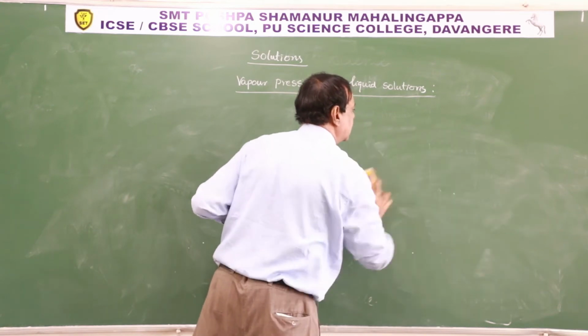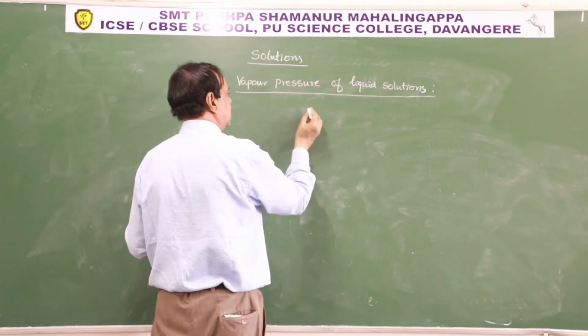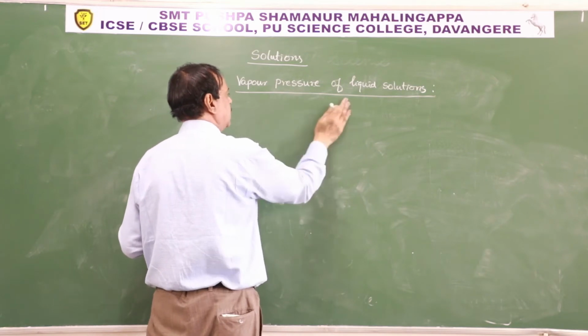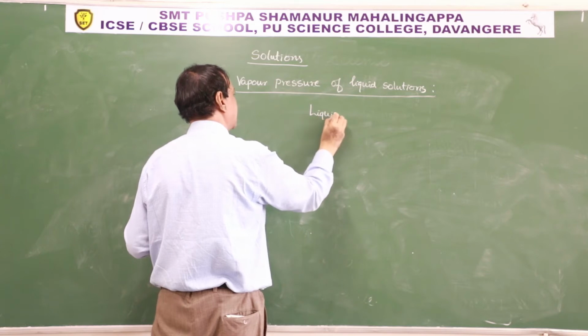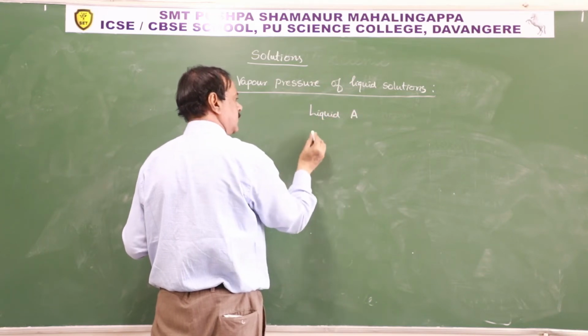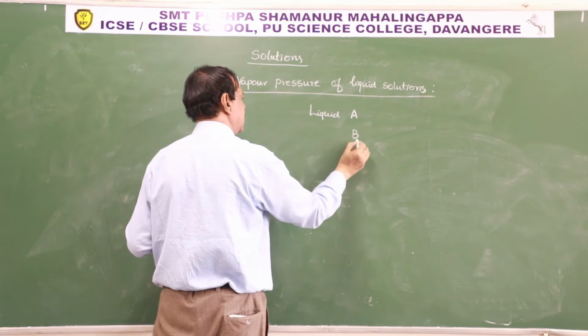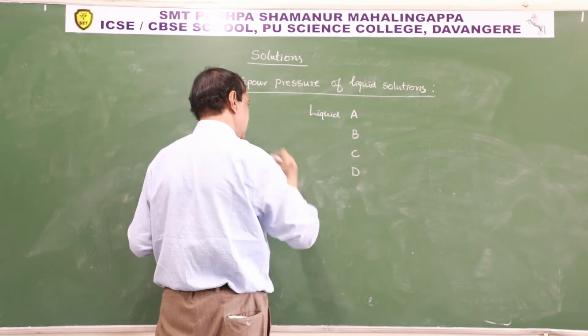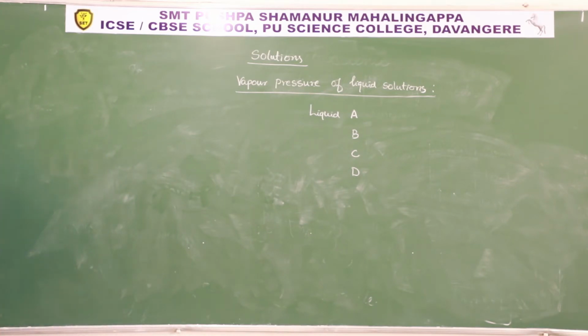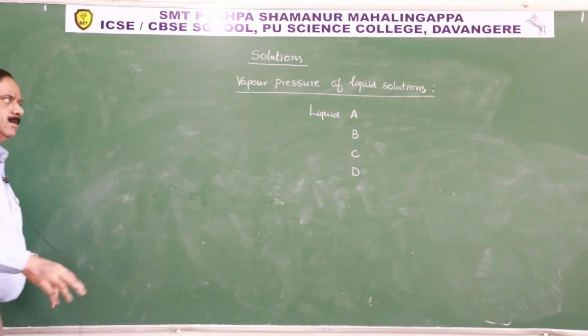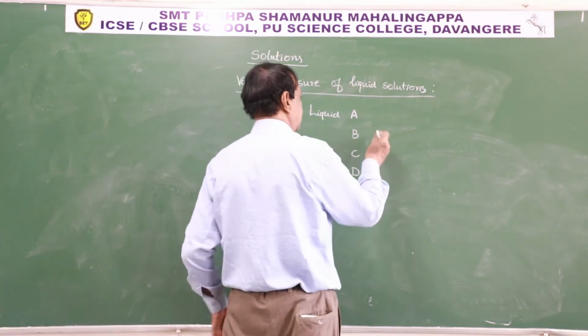Suppose you have different liquids: liquid A, liquid B, liquid C and liquid D. In your entrance exam they will give problems based upon this. Which one of the following possesses the highest vapor pressure and is more volatile?